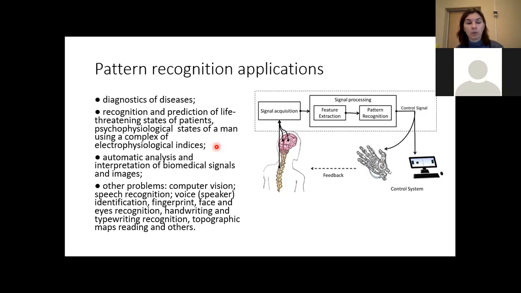The third application is automatic analysis and interpretation of biomedical signals and images. What does automatic analysis mean? As you remember, when we talked about ECG signal analysis, the doctor needs to detect points on the ECG signal: waves, lengths of the waves, wave period, amplitude of the waves on the ECG.